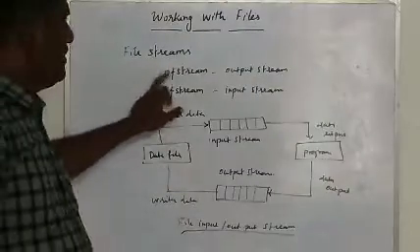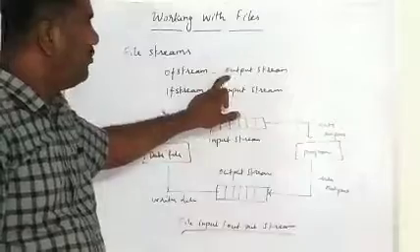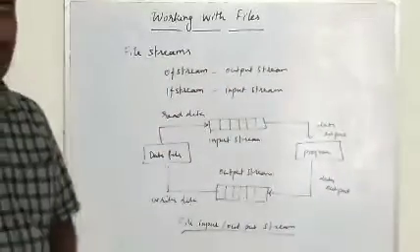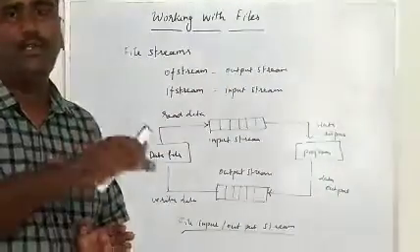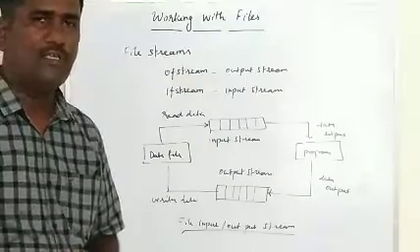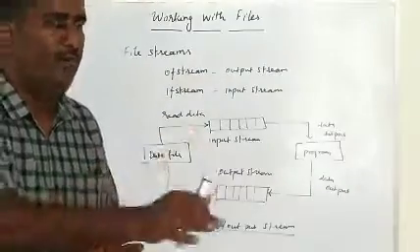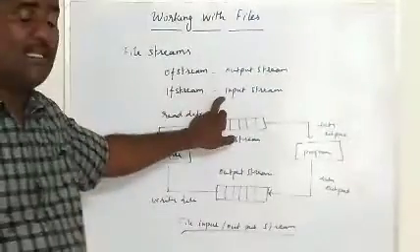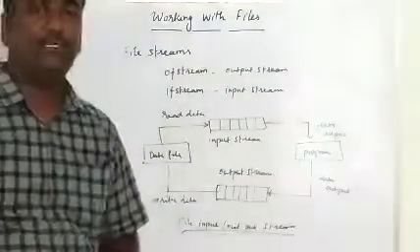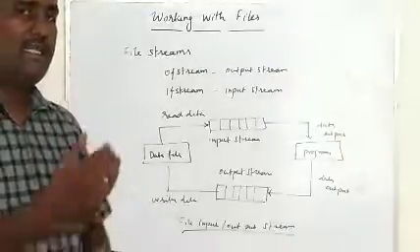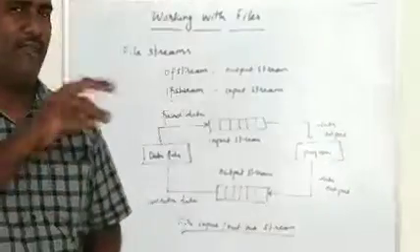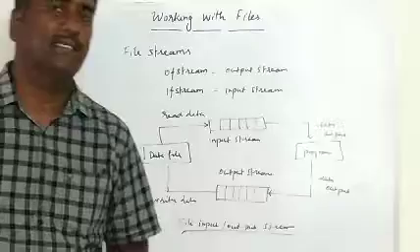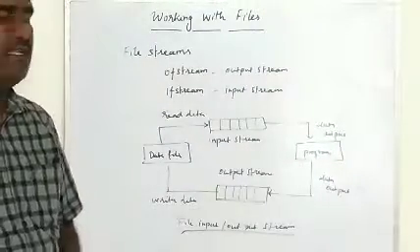The ofstream is the output stream, used to write data to the file. At the same time, ifstream is an input stream, used to read data from a file that is already stored on the disk.